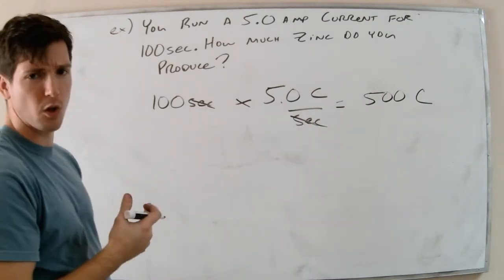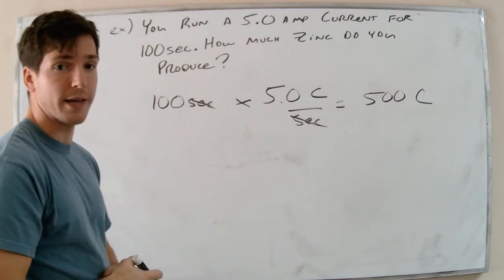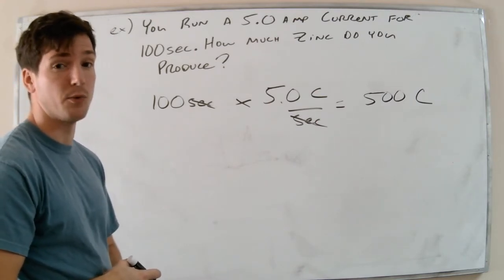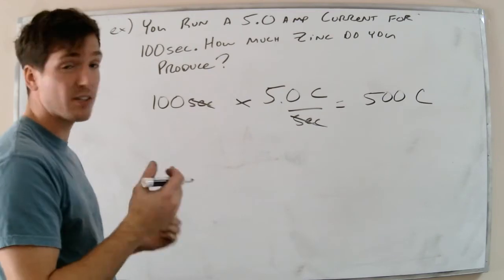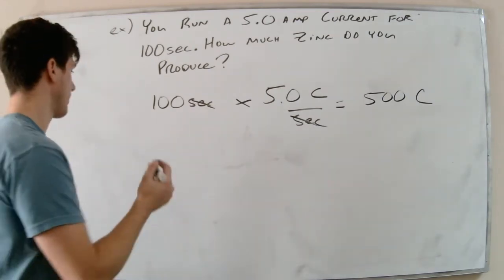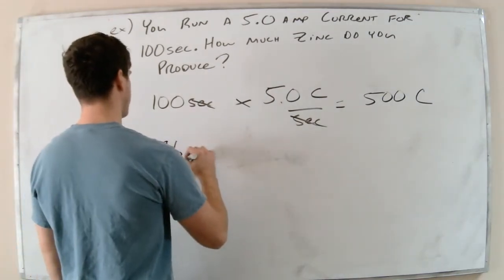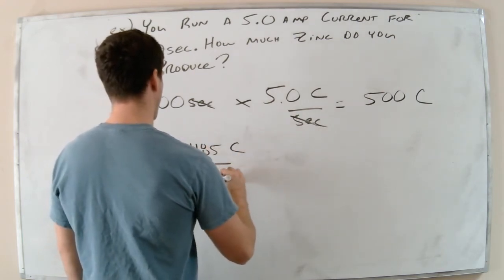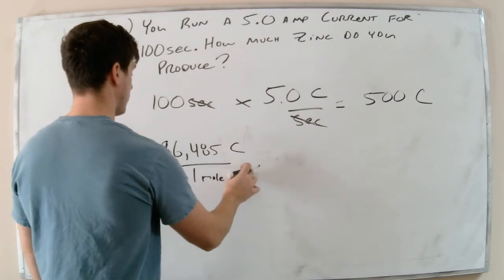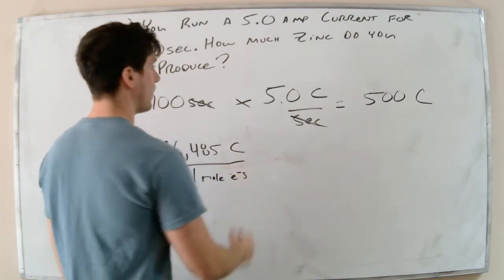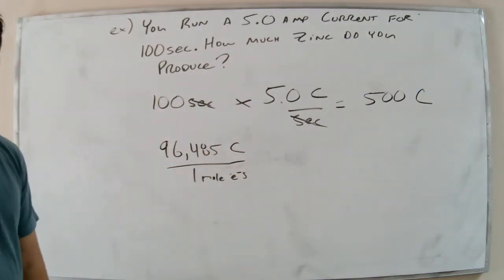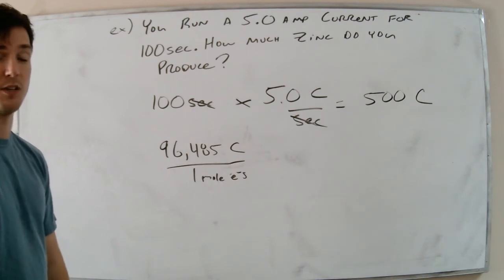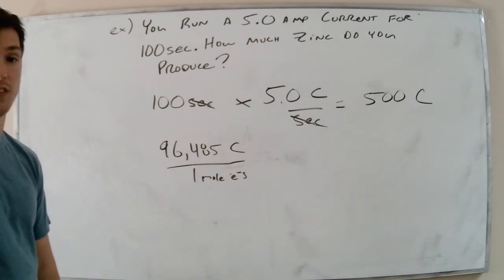So 500 coulombs, I sent those through, and now remember we got to get to moles of electrons. And by doing that, we use Faraday's constant. Remember, Faraday's constant is 96,485 coulombs for every 1 mole of electrons. I got to get to moles of electrons.